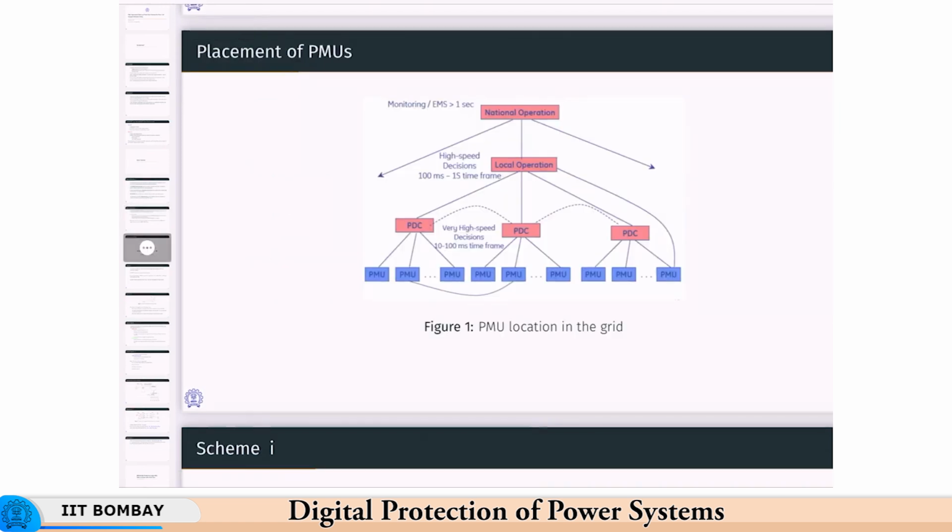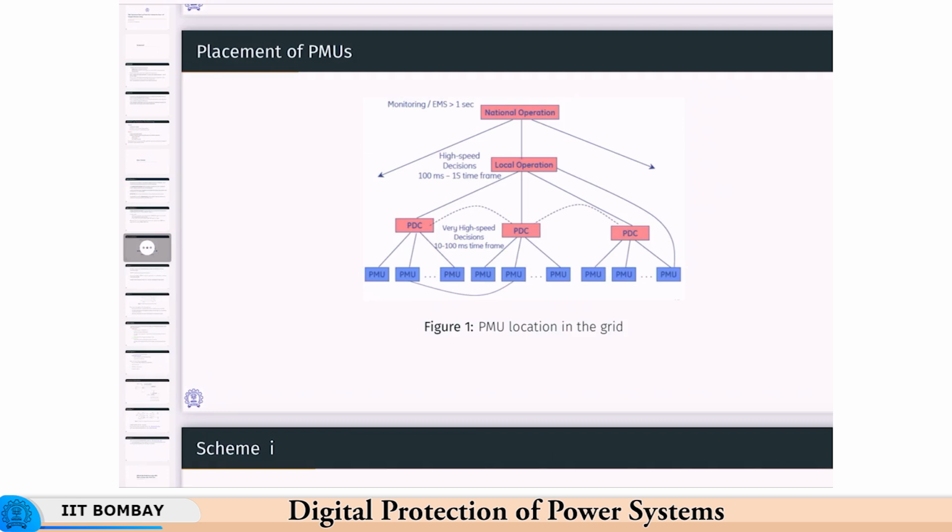Okay, this figure we have seen in the architecture, how the hierarchy is, and this also shows some sort of latency, where about 100 milliseconds to 1 second you have at the local LDC level, the load dispatch or the regional load dispatch center.